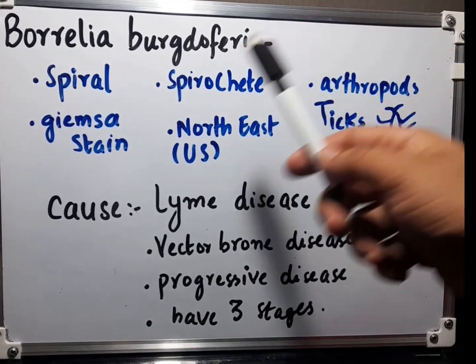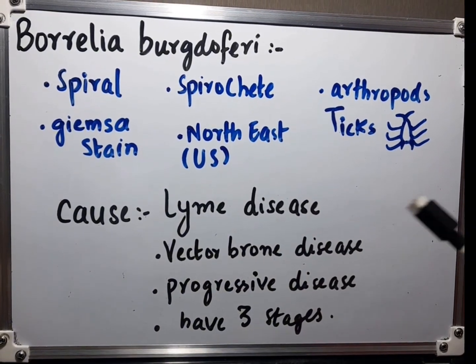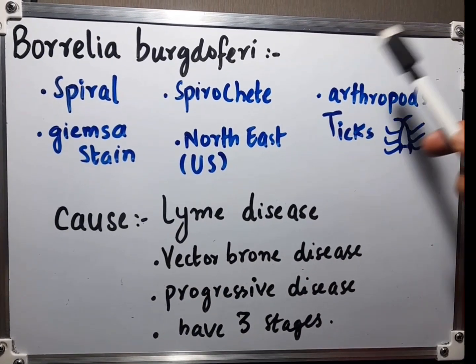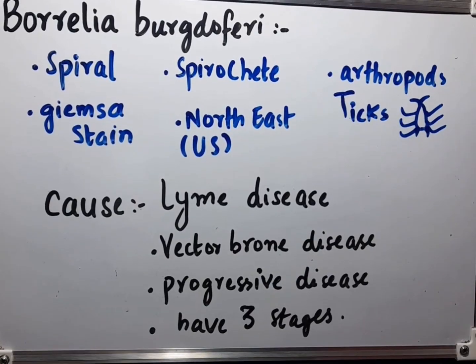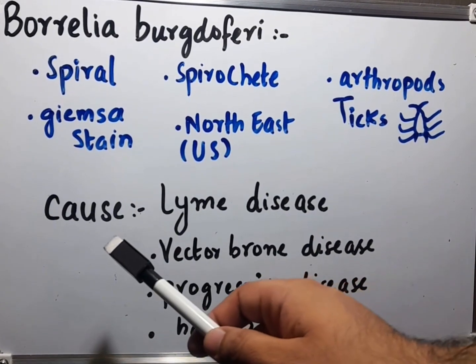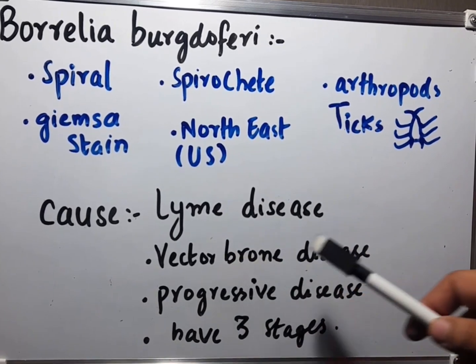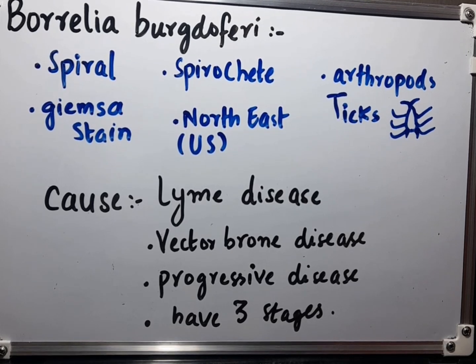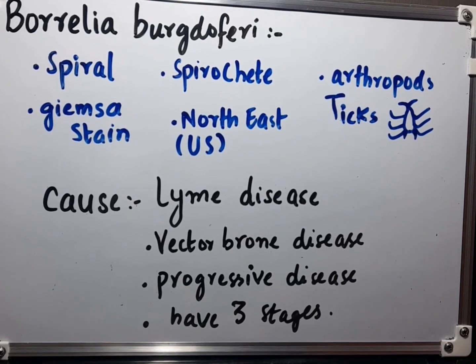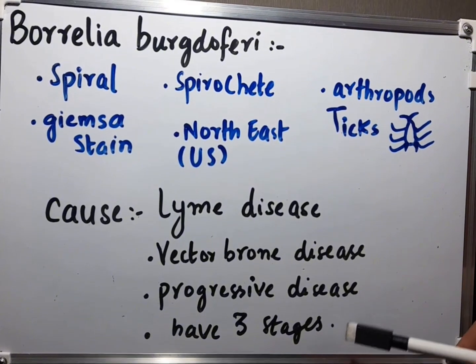This bacteria stains on the Giemsa stain, and the mode of transmission is through arthropods, which are mostly ticks. As we say, it causes Lyme disease, a vector-borne disease. It is a progressive disease which has a complex set of symptoms we will discuss later in this video, and it has 3 stages. We will discuss them one by one.